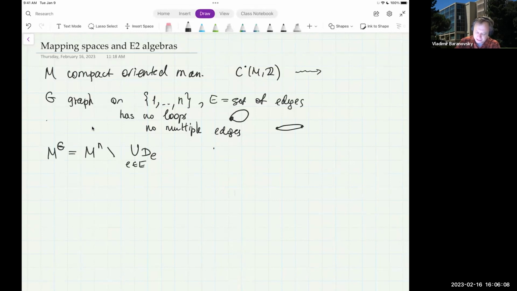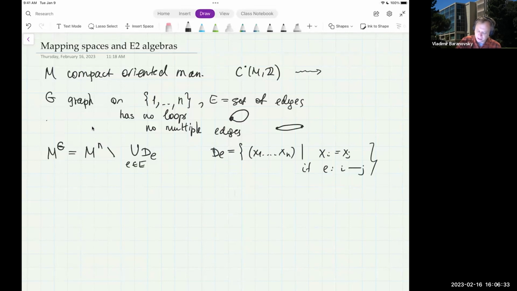Let's say that D_E, for any edge E in our graph, is the diagonal which looks at points in our n-fold Cartesian product, and we require that x_i is equal to x_j if our specific edge E connects the vertices i and j in our graph.